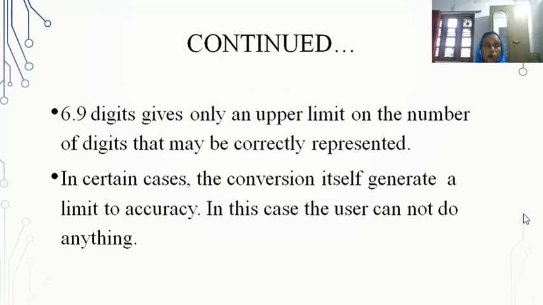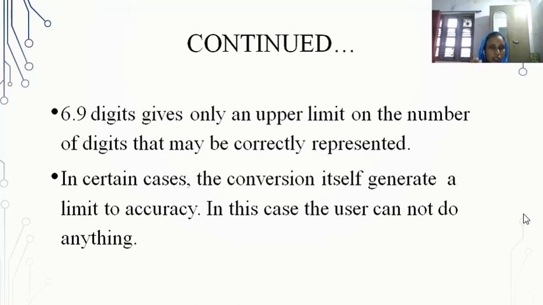But 6.9 digits gives only an upper limit on the number of digits that may be correctly represented. It doesn't mean that every number below this is correctly represented, because we already found in our previous lecture that the conversion itself generates a limit to the accuracy. The user can't do anything about these types of corrections.